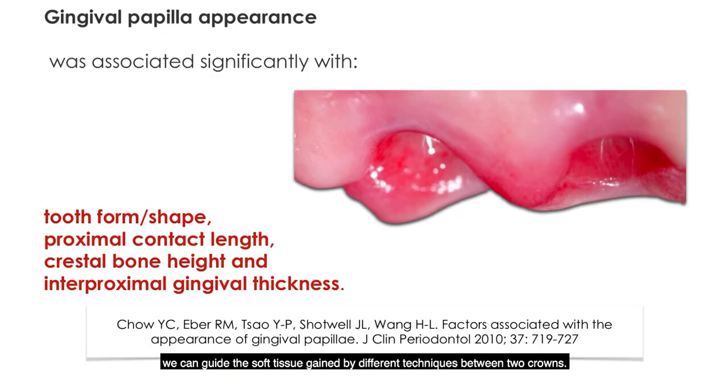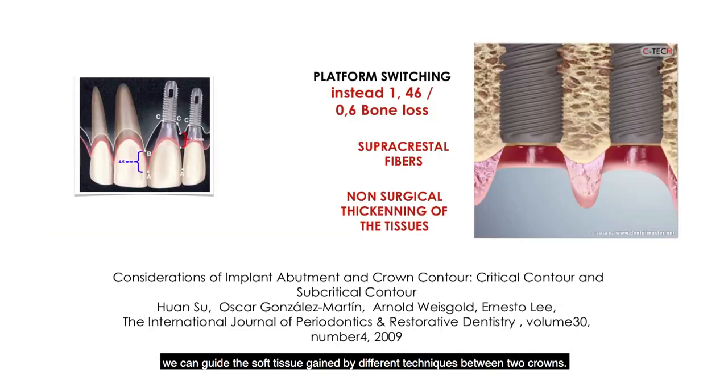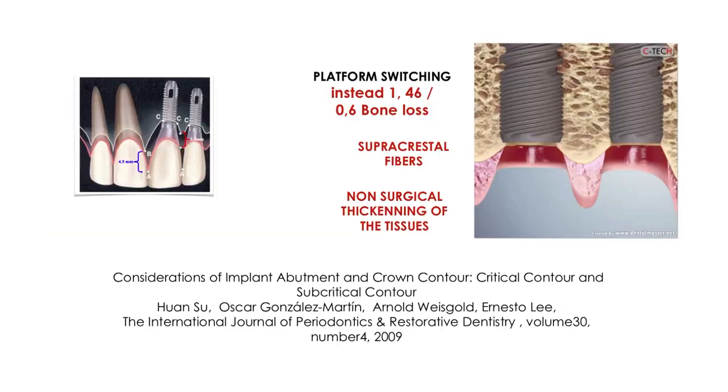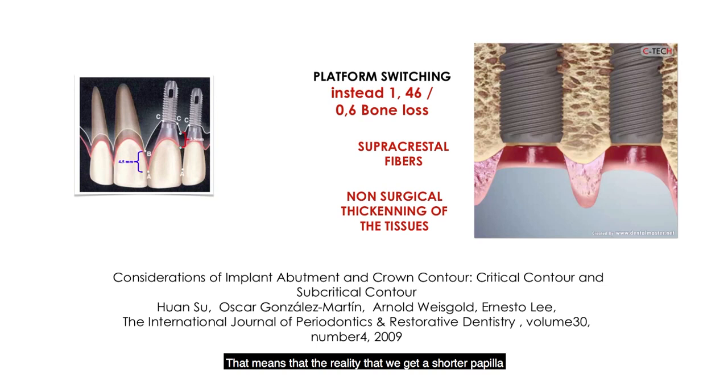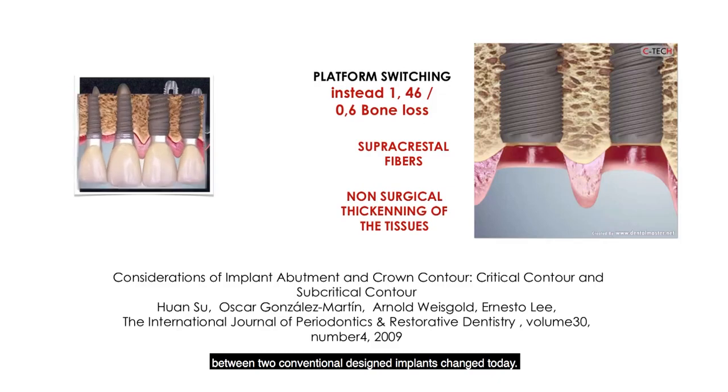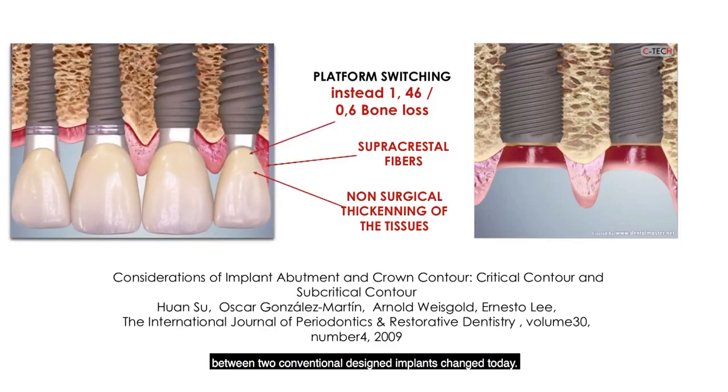We can guide the soft tissue gained by different techniques between two crowns. That means that the reality that we get a shorter papilla between two conventionally designed implants has changed today. We use implants with platform switching design, which gives us less bone loss, 0.6 millimeters instead of 1.46.